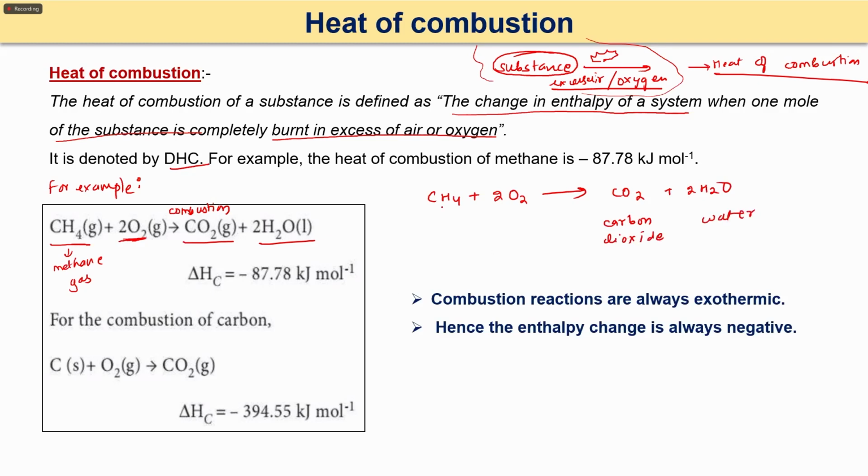What is the enthalpy change of the system now? It has been calculated as minus 87.78 kilojoule per mole. The enthalpy change of the reaction is negative, so the combustion of methane is an exothermic reaction.